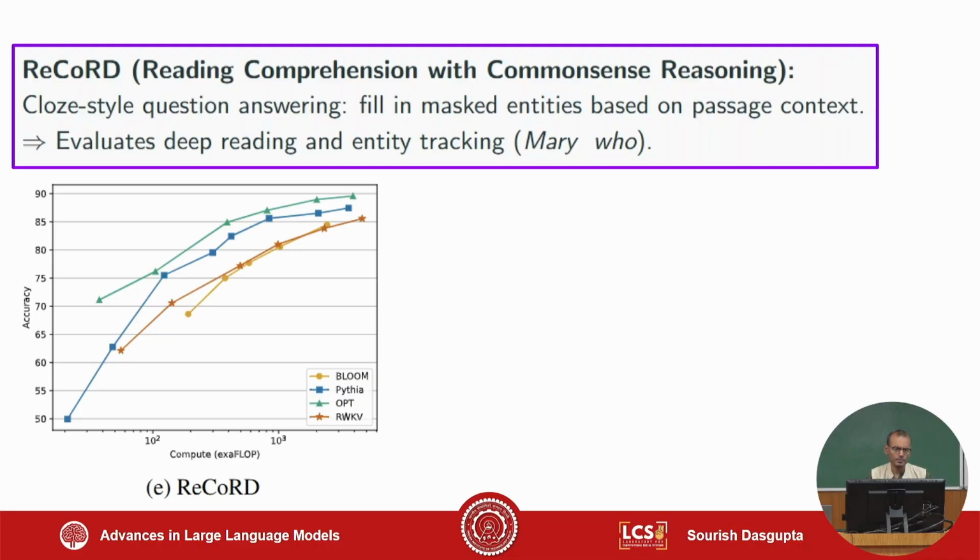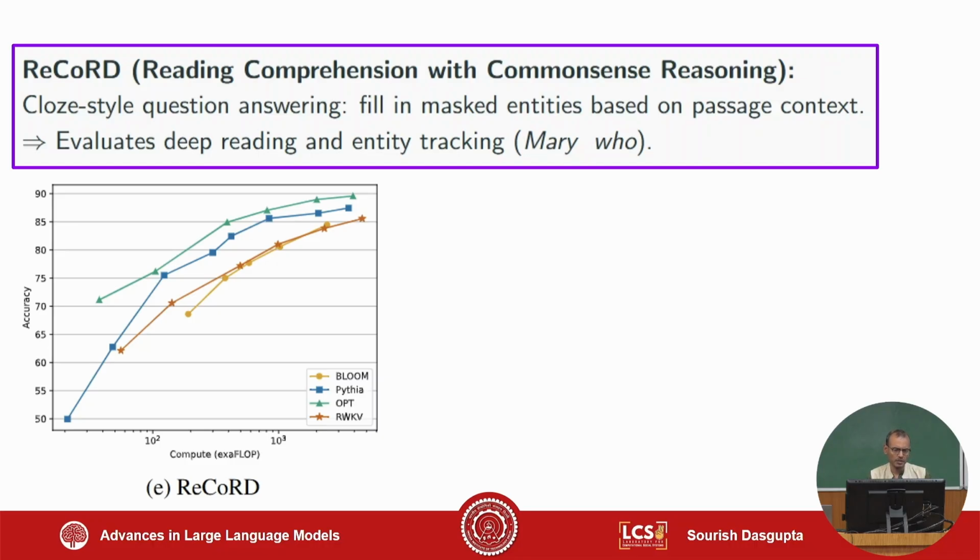ReCoRD is a test where we try to understand reading comprehension along with common sense reasoning. And again, it's a cloze style question answering, which means fill in the blanks. So basically you mask certain entities in the passage and you ask the model to fill those entities in, right?